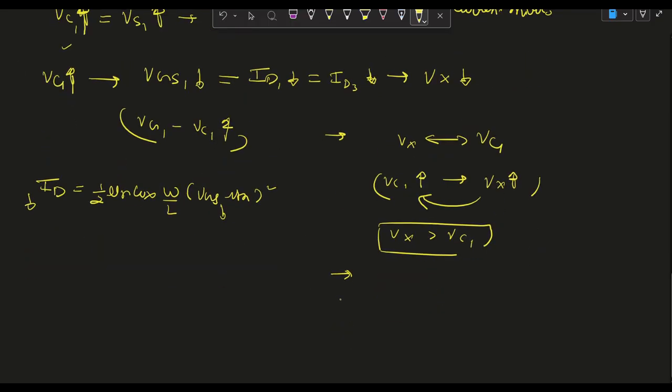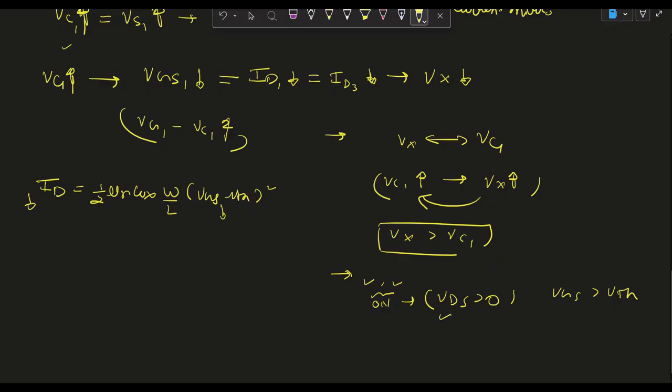There is one condition for a MOSFET to be on, in saturation and triode region. In both regions, the MOSFET has to be on. The on condition is VDS is always greater than 0. This is the on condition for any MOSFET. There is one more on condition, which is VGS is greater than VTH. This is also an on condition for a MOSFET.